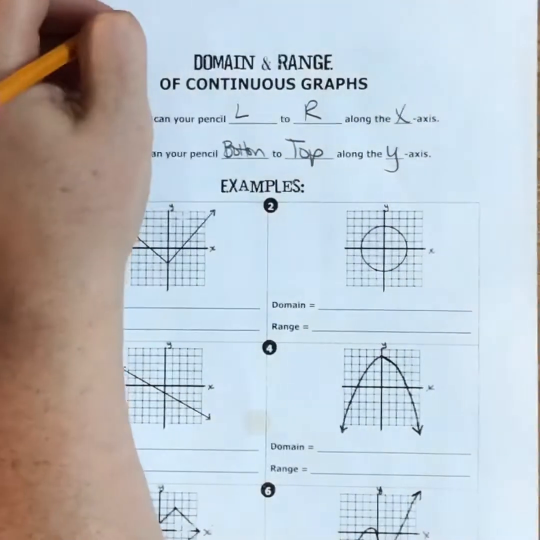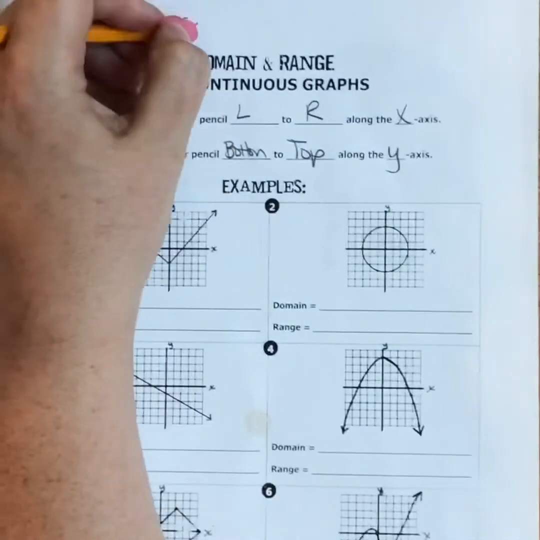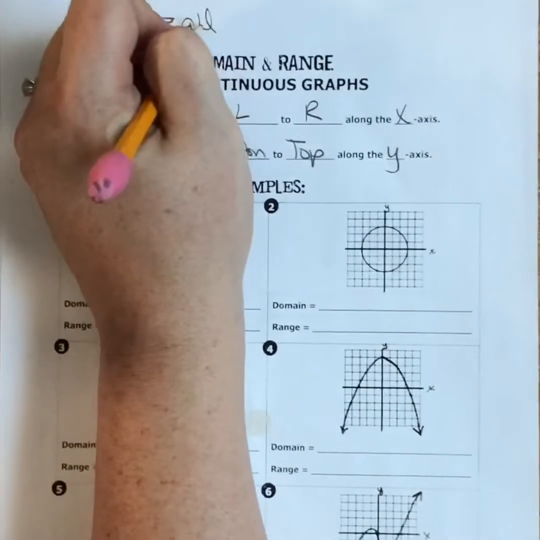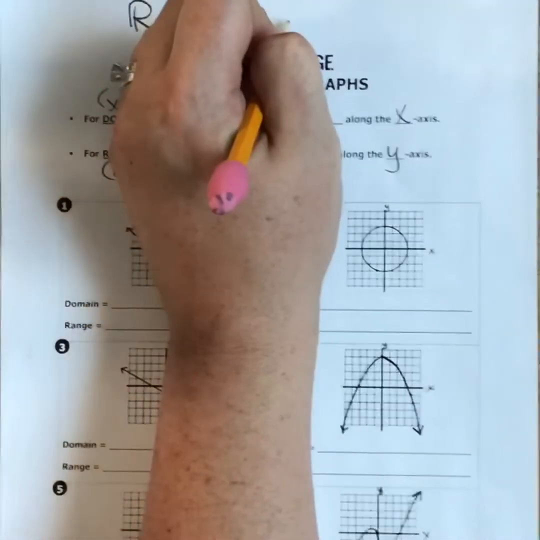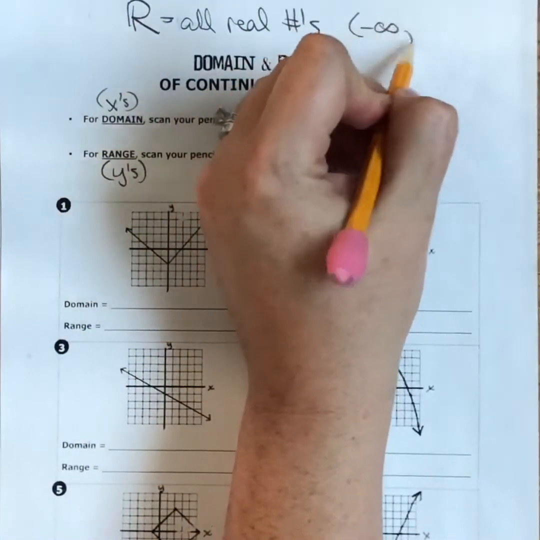Okay, and just remember this capital double bar R means all real numbers, and that is anytime you get -infinity to +infinity.